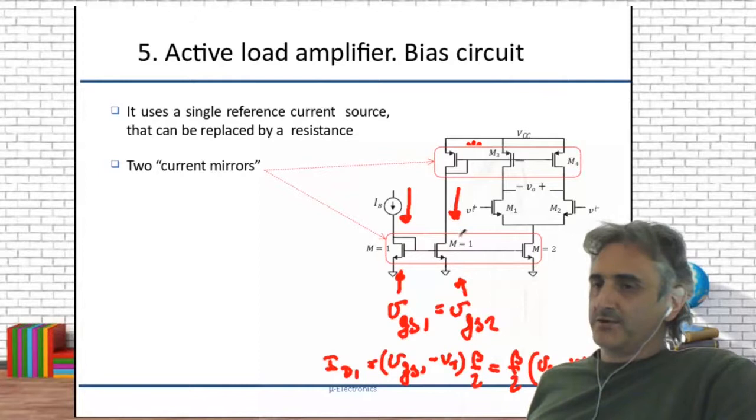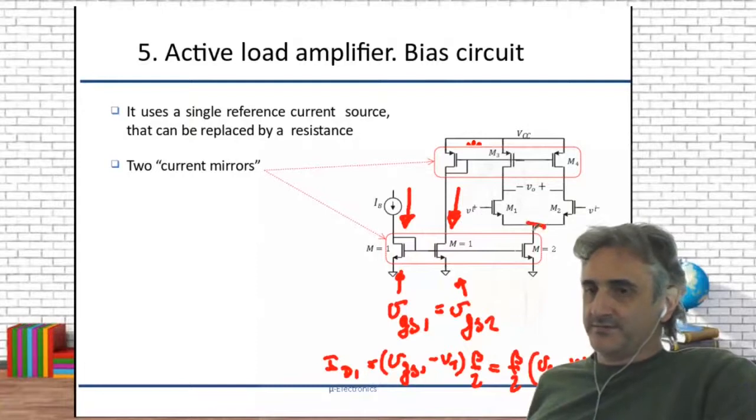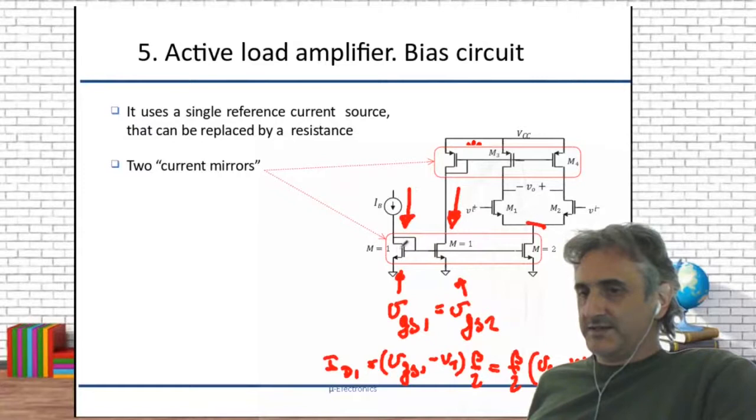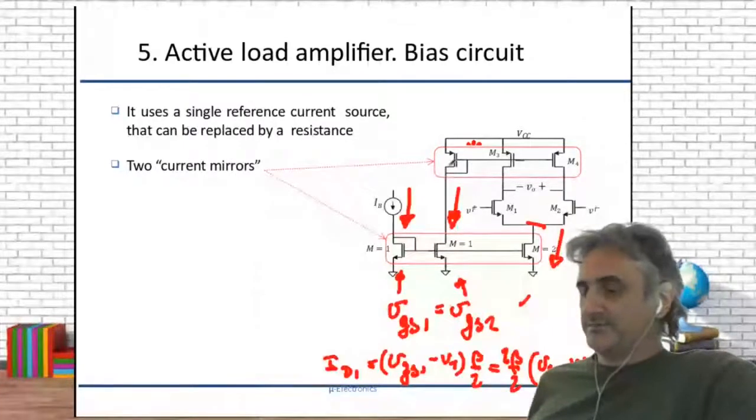So this is why they are called current mirrors. Under certain conditions, the current through one of them is copied into the others. Notice that the current through the first branch is copied in this branch, but also in this branch, where it is multiplied by 2, because this beta is twice, it's 2 beta.